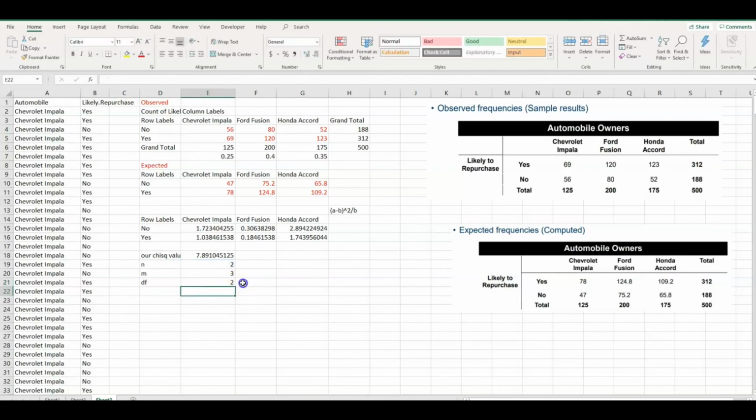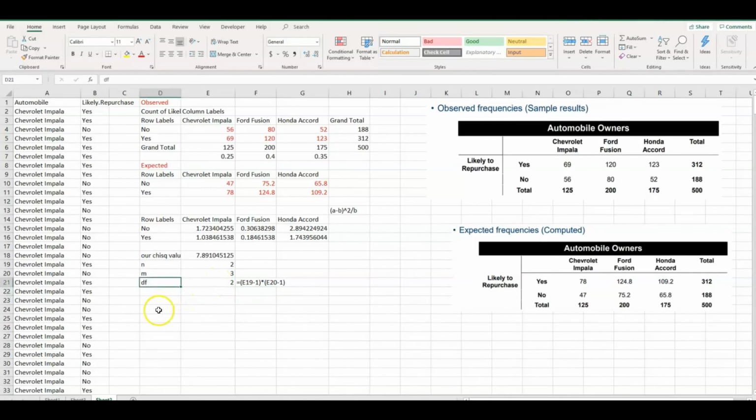Let's show the formula. It's simply 3 minus 1, which is 2, times 2 minus 1, which is 1, so it equals 2.